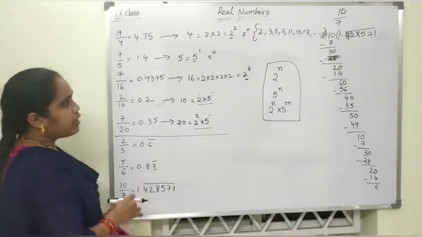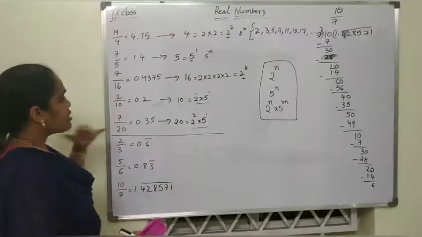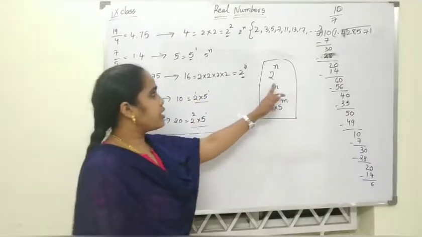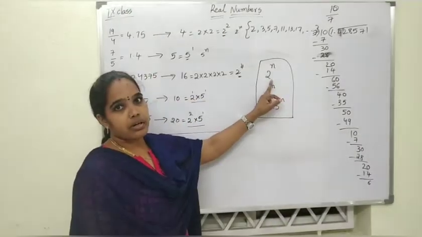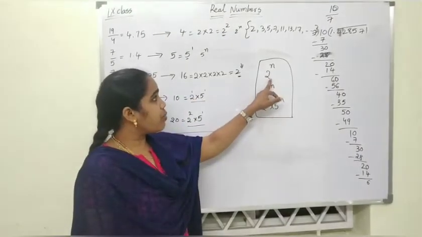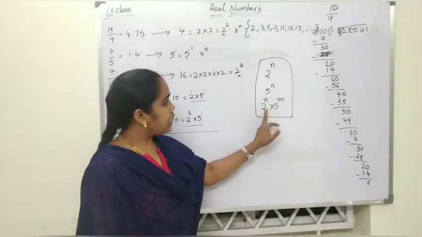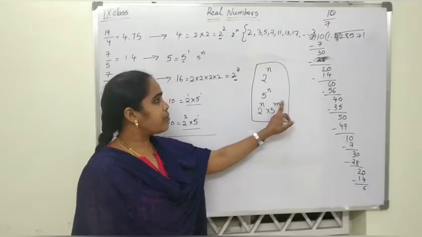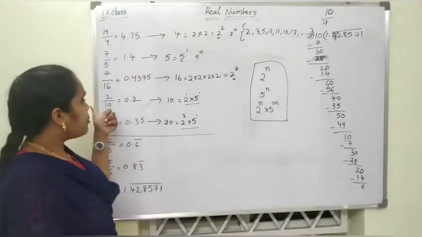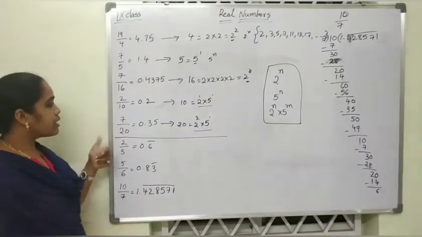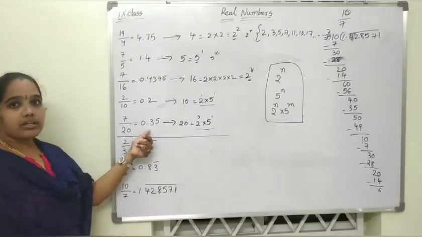That means from these 5 examples, what we have observed: if the denominator in any rational number is in the form of either 2 power n, 5 power n or 2 power n into 5 power m, then the rational number is terminating decimal.